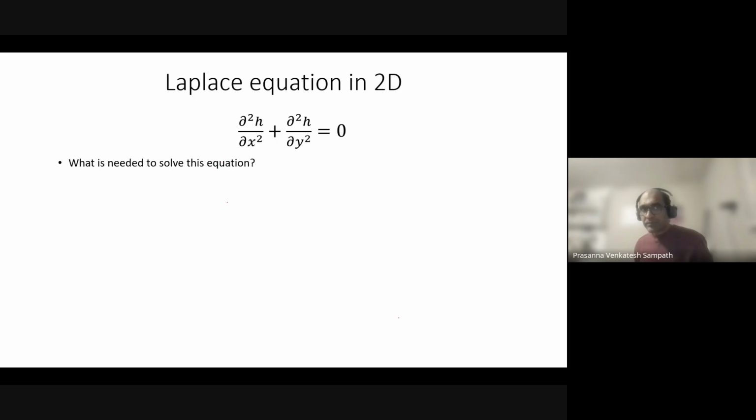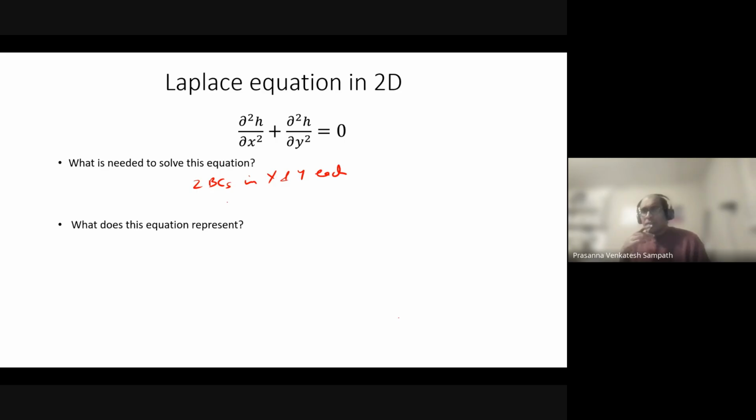So basically, to solve this equation, I need 2 boundary conditions in x and y each. I need them at x equal to 0 and x equal to lx, let's say, and for the y direction, at y equal to 0 and y equal to ly. So I need these 4 boundary conditions to solve this particular problem.